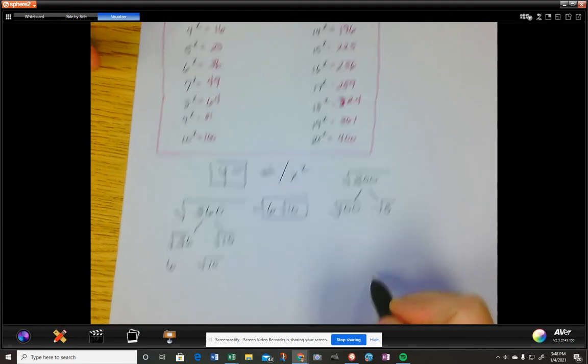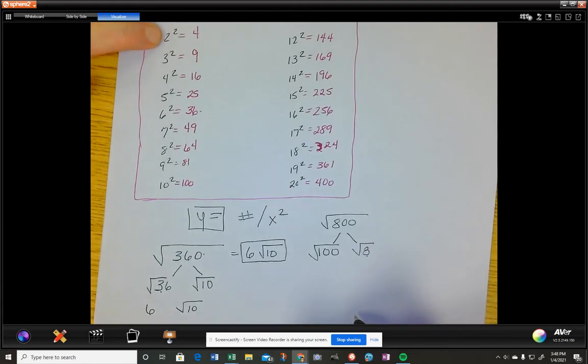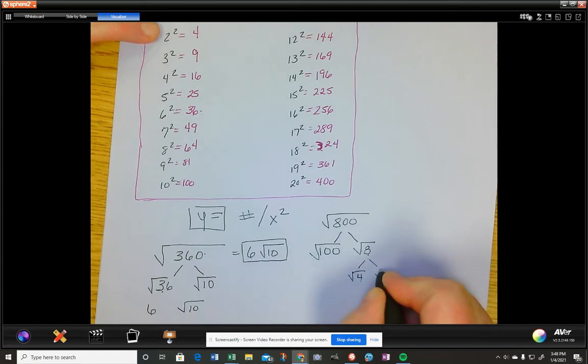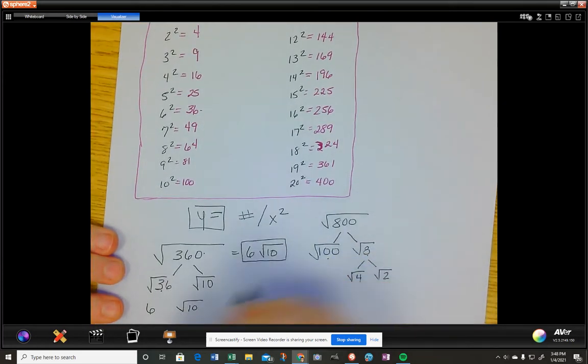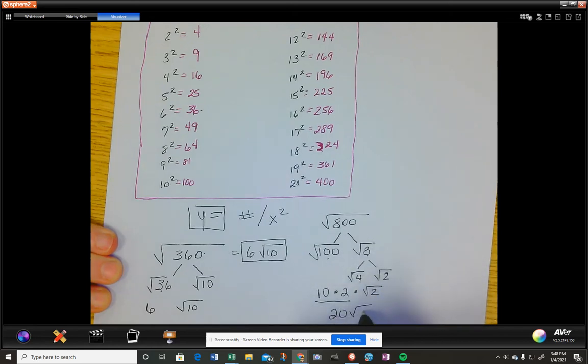Sure, 4. 4 and 2. So square root of 4 and the square root of 2. What's the square root of 100? Well, that's 10 times the square root of 4, which is 2, times the square root of 2. 10 times 2 is 20 times the square root of 2.